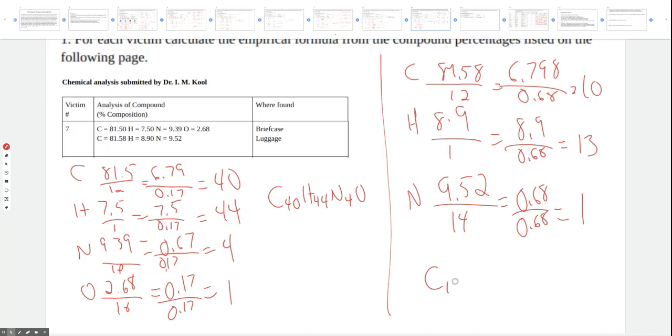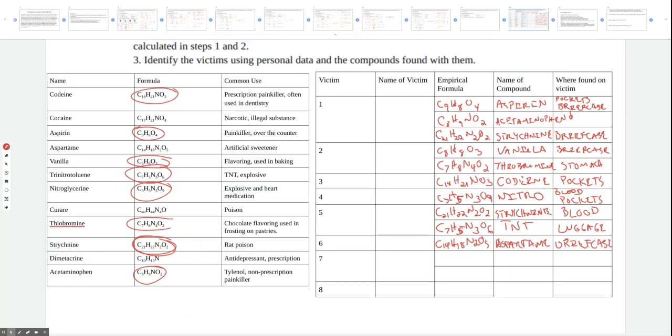Hey, 2 in a row that we don't have to do anything extra. Okay, C10, H13, N. Put those in. C40, H44, N4O. That is curare. And it was in the briefcase. And then C10, H13, N is dimethicrin.